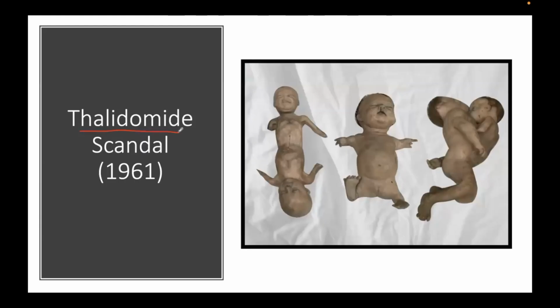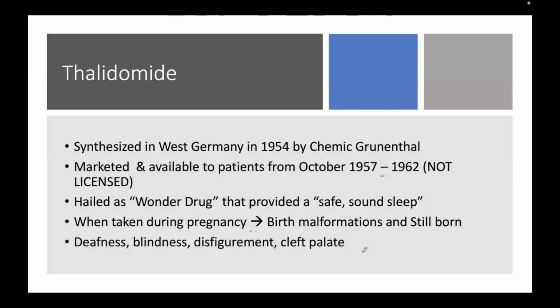Now, after the Tuskegee is the thalidomide scandal. Now, the thalidomide scandal goes back all the way to 1961. These pictures that you see here are examples of phocomelia, which are the limb deformities associated with this drug, thalidomide. Now, let me give you a quick history of the thalidomide scandal.